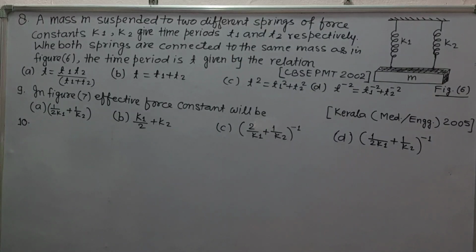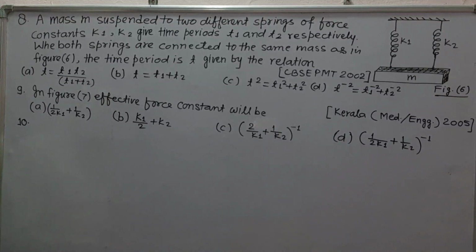Next question number 8. The question is, a mass M suspended to two different springs of force constants K1 and K2 give time periods T1 and T2 respectively. When both springs are connected to the same mass as in figure 6, the time period T is given by the relation.